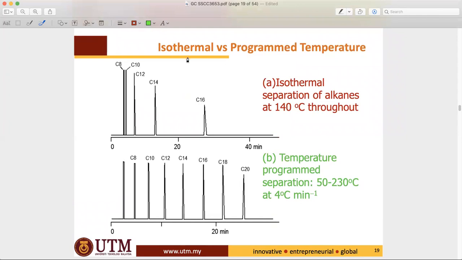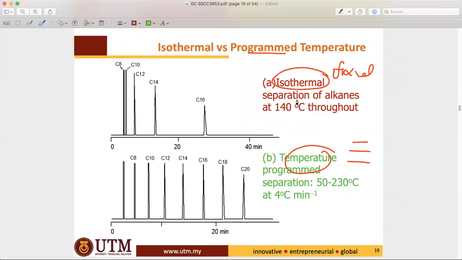So these are examples of isothermal versus programmed temperature. Isothermal, as we have known, is fixed. For temperature programming, there must be some kind of program: what your initial temperature is, what your ramps are, and what the final temperature is.